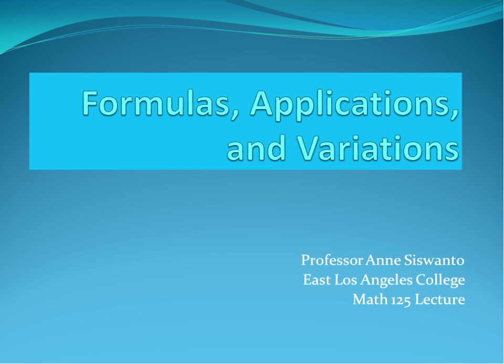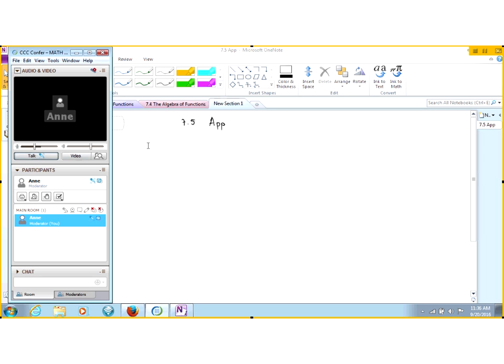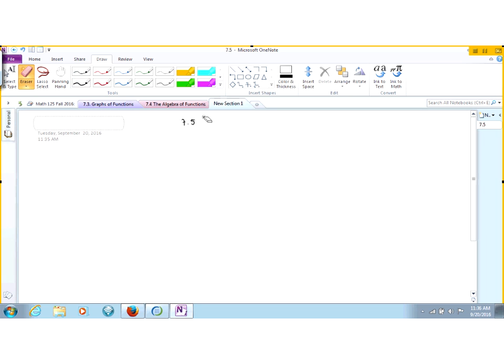So this is a big section. So I'm going to share the page again. Formulas, applications, and variation. That's 7.5. This is long.